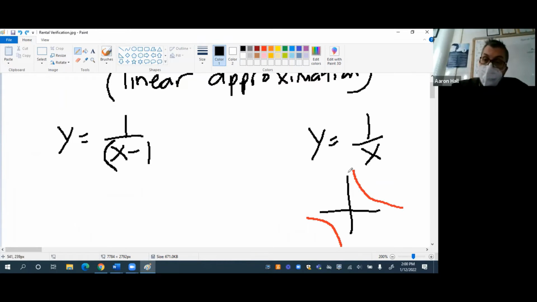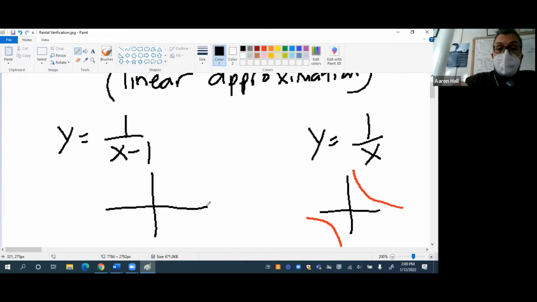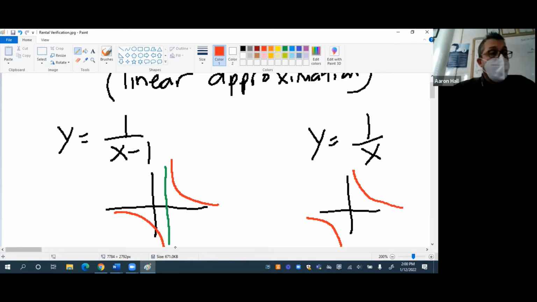The vertical asymptote is the x value that will give you 0 in the denominator, and it's a positive 1. So this is a horizontal shift to the right by 1 unit. Now the vertical asymptote is shifted over by 1, and our graph is going to look something like this.